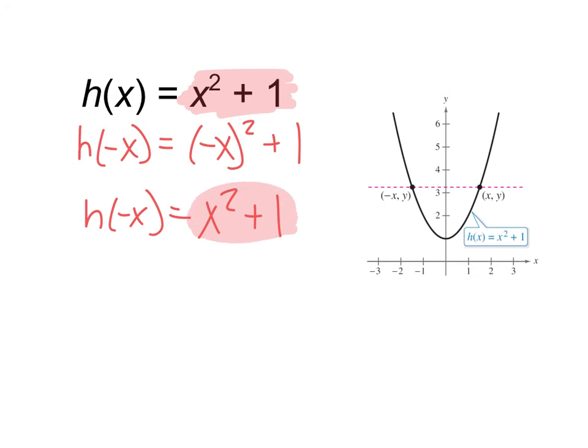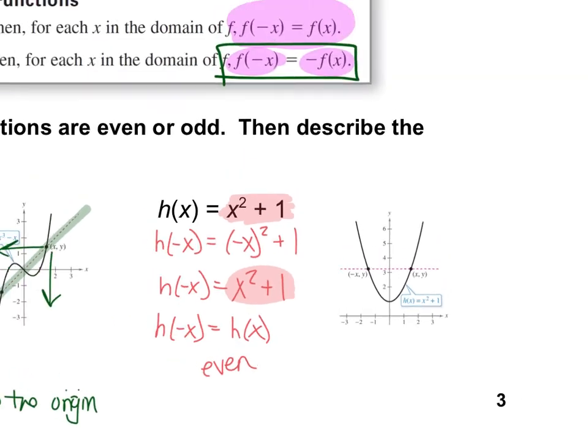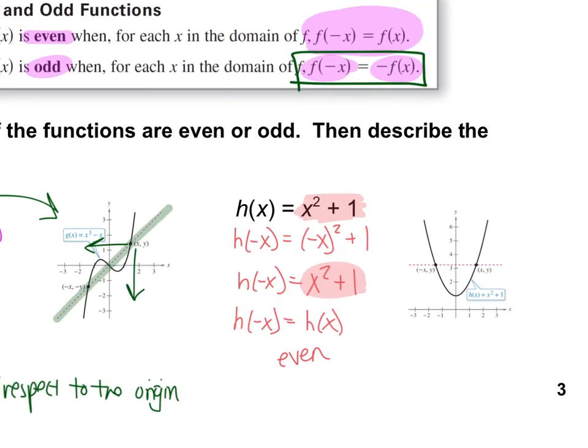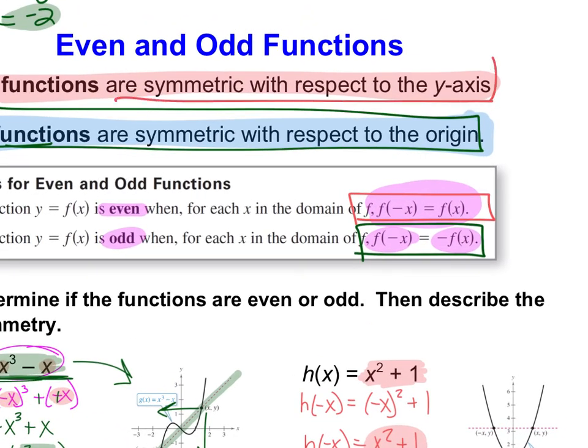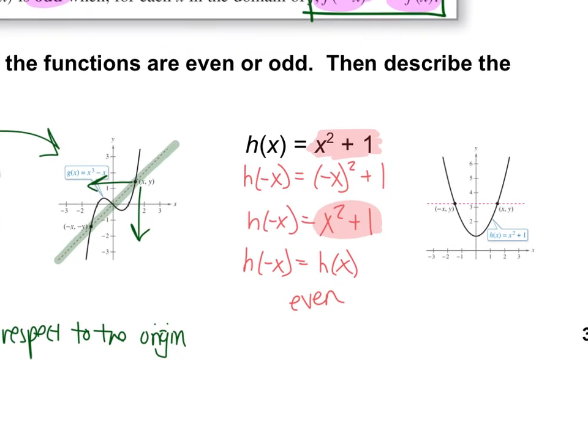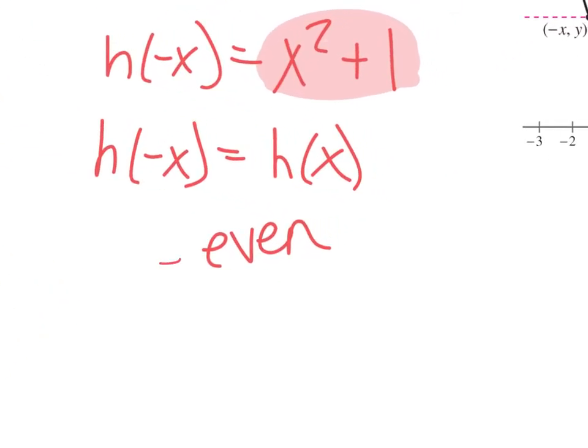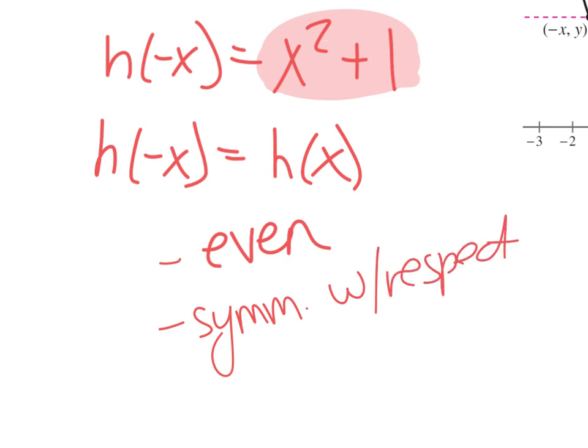So that means that h of negative x is equal to h of x. And that means it is an even function. So I'm looking right up here. We've got an even function, and even functions are symmetric with respect to the y-axis. So this is even. Describe the symmetry. It is symmetric with respect to the y-axis.